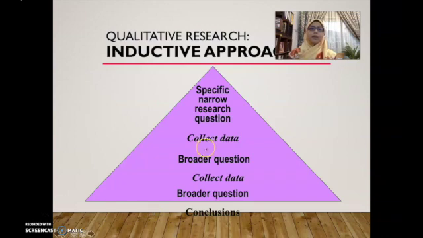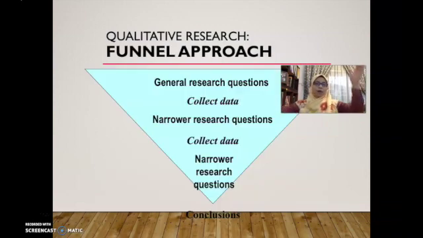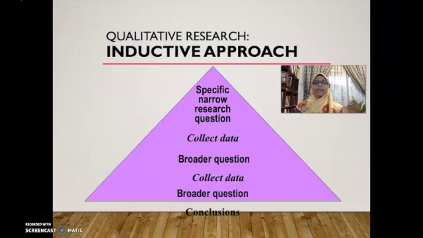The second one is the inductive approach. So first, we have the funnel approach. Funnel means from broad to narrow, but in the inductive approach, it's the other way around. It's in the form of a pyramid, meaning broad at the bottom, narrow at the top. So in funnel, the broad question is at the top and the narrow question is at the bottom, and throughout the process you've done several rounds of data collection.